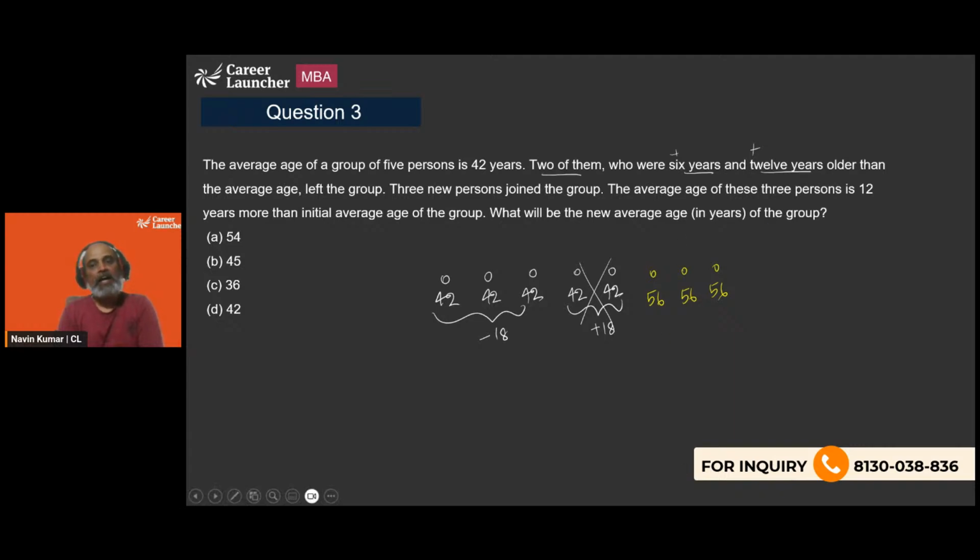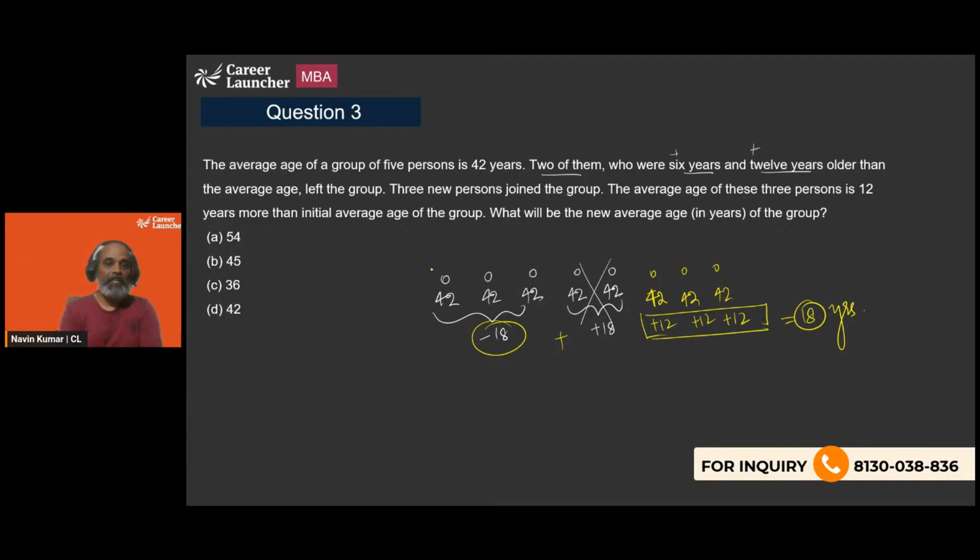So what will be the new average age of the group? Instead of 54, if I write 42 plus 12, 42 plus 12, and 42 plus 12, what we will see is everybody is 42 years old, but then we have this much extra in excess, which if we add, it's going to be 36. 36 minus 18 leaves 18 years in excess.